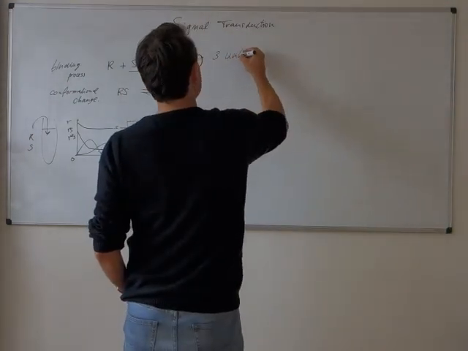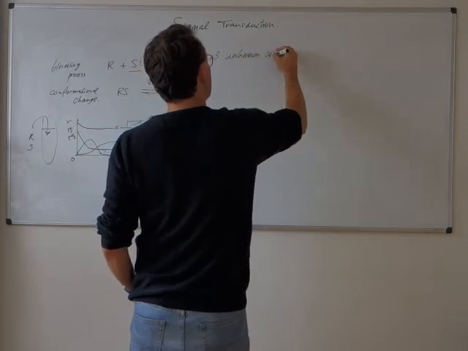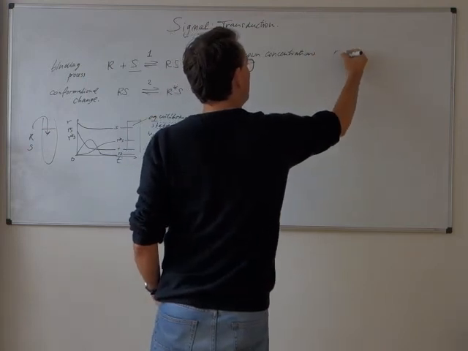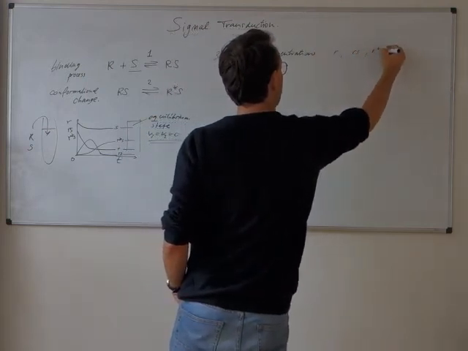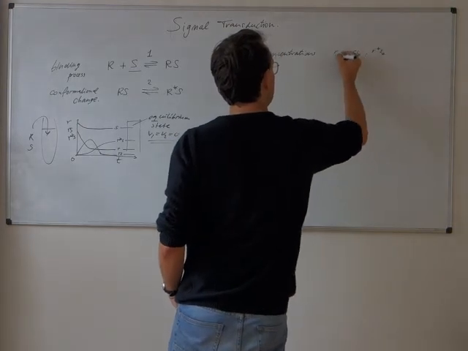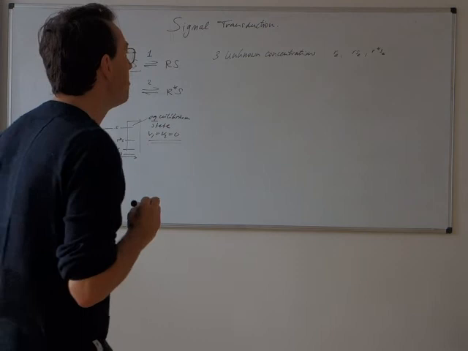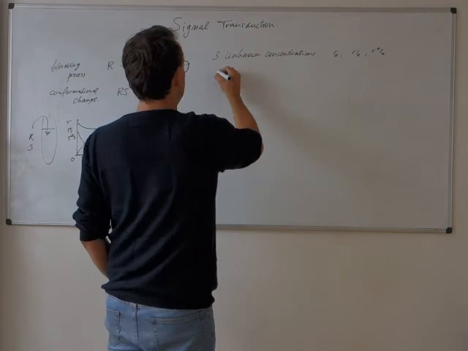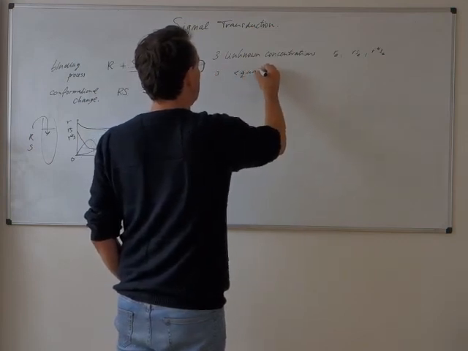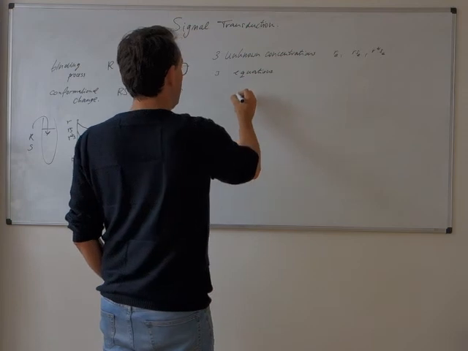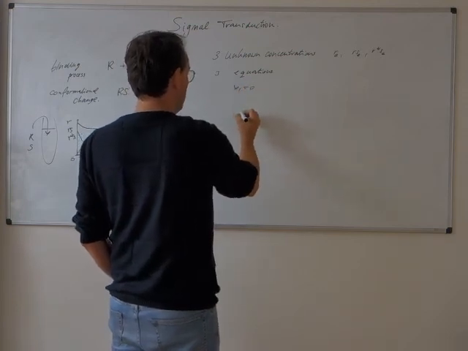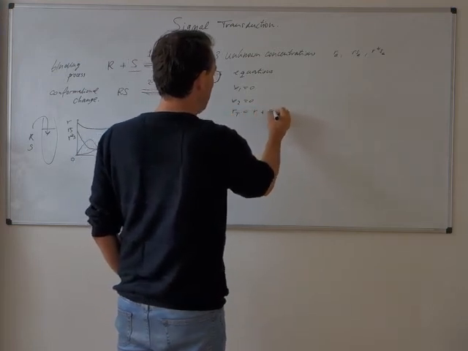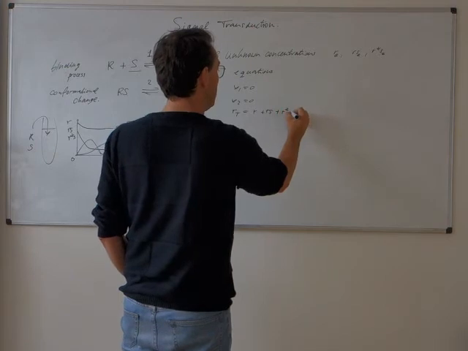So we have 3 unknown concentrations R, RS and R star S, and we're going to give them a subscript E to denote that we are in equilibrium. And so we need three equations to solve these three unknowns. Well, one is V1 is 0, that is going to be one of our equations. The second one, V2 is 0, and the third one is going to be the conservation equation of the total amount of receptor.